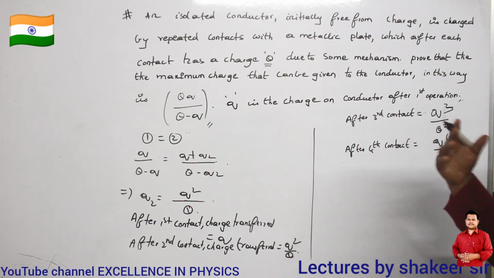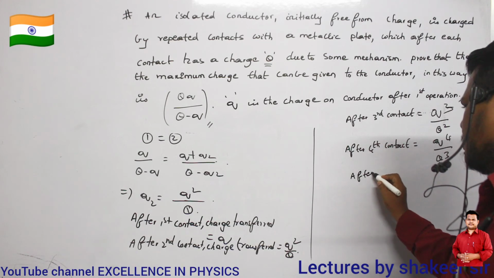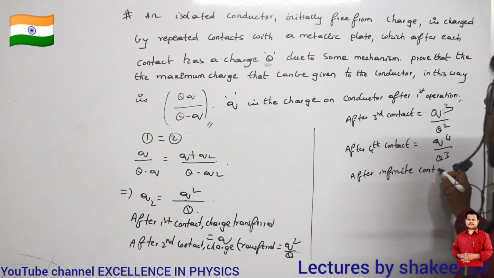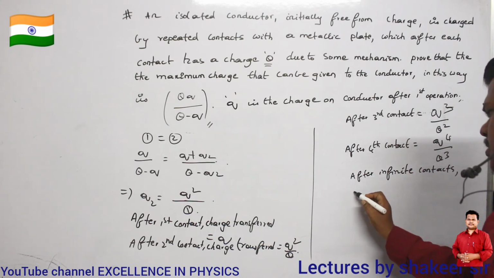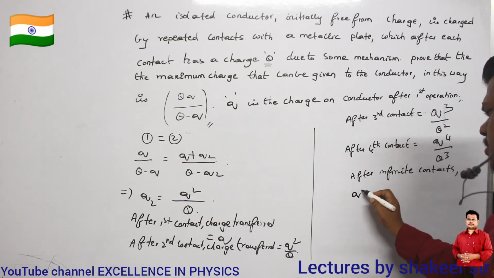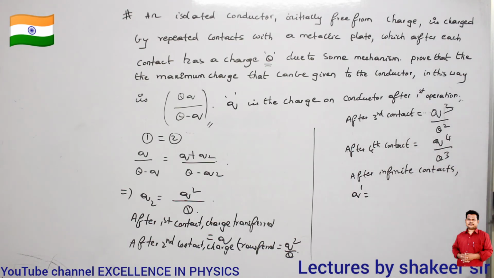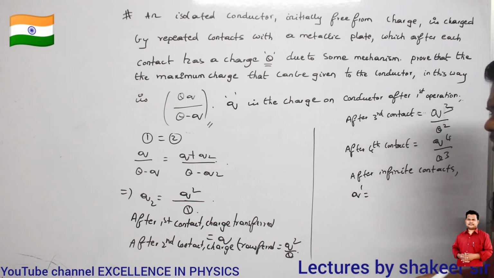So after infinite contacts, what is the total charge transferred? If I am calling this Q dash, then what is the total charge transferred?